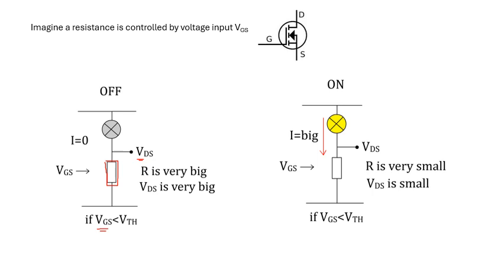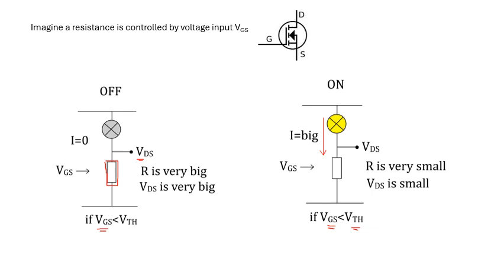Now, if the gate source voltage is above the threshold, then the transistor turns on. The resistance becomes very small, maybe 0.1 ohms. So the voltage between the drain and the source is also small.